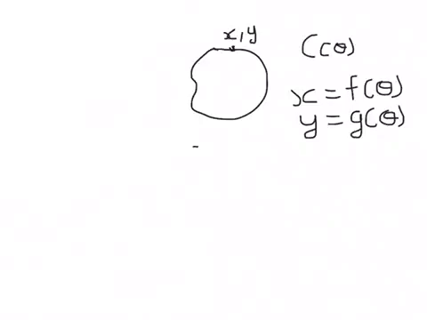So I'm going to say C is given by x and y, but we have to remember that x and y are actually functions of theta, which is the parameterizing variable.